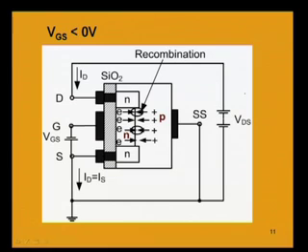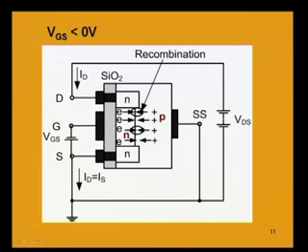As the gate to source voltage is negative, the electrons in the n channel will be repelled or pushed by the negative terminal of the gate to source voltage, and the holes, which are the majority carriers in the p substrate, will be attracted by the negative terminal of the gate to source voltage.